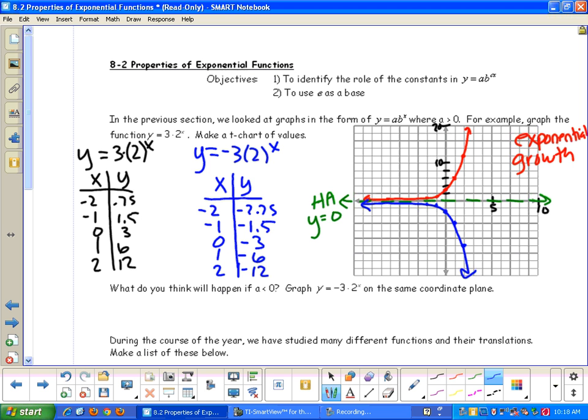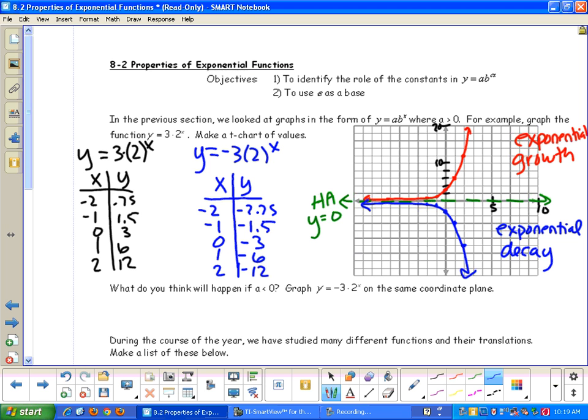My horizontal asymptote hasn't changed. It's still y equals 0. Notice that as I go from left to right, instead of exponential growth, my values of y are decreasing at a rapid pace. So we call this exponential decay.